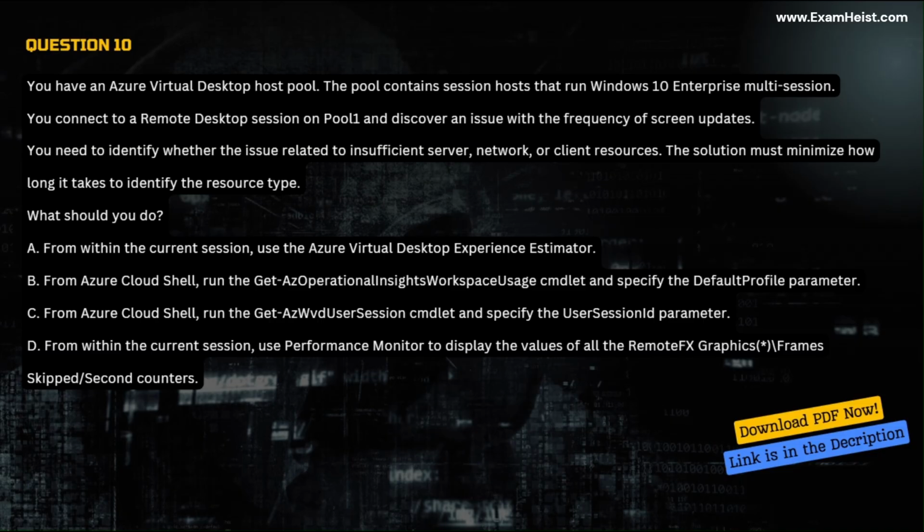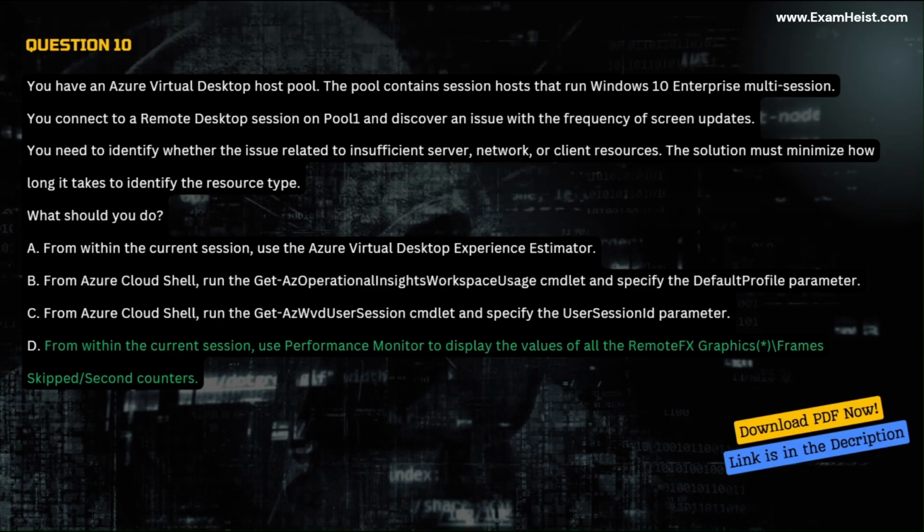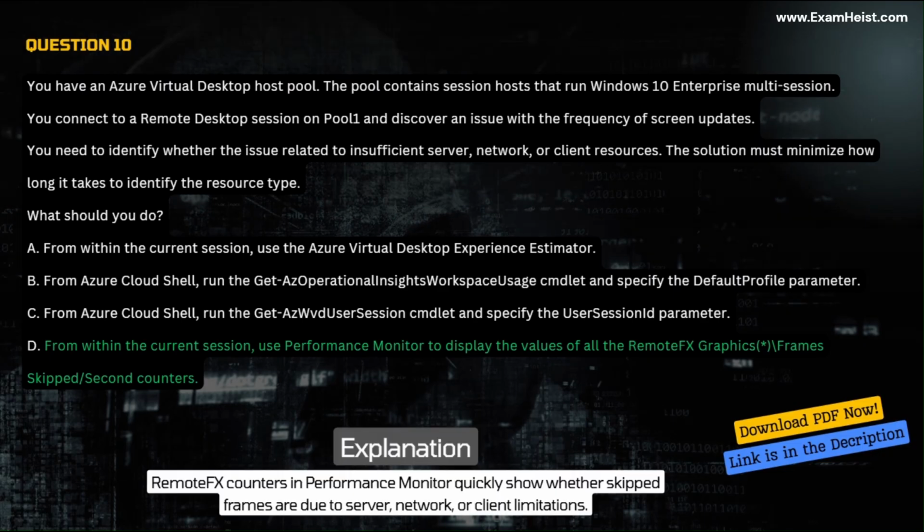D. From within the current session, use Performance Monitor to display the values of all the RemoteFX Graphics, *, Frames Skipped/Second counters. Correct answer D. Explanation: RemoteFX counters in Performance Monitor quickly show whether skipped frames are due to server, network, or client limitations.